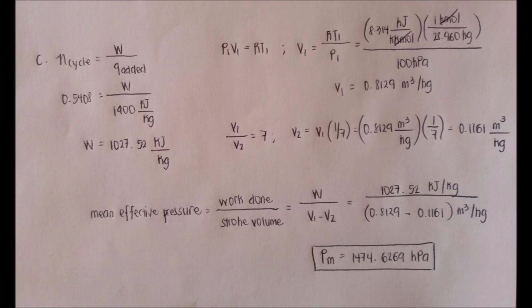We will obtain that V1 is equals to 0.8129 cubic meter per kilogram. To compute for V2, use the compression ratio V1 over V2 is equals to 7. With the value of V1, 0.8129, V2 is equivalent to 0.1162 cubic meter per kilogram. With the computed value of V1, V2, and the work produced, the mean effective pressure is equivalent to 1474.6269 kilopascals.